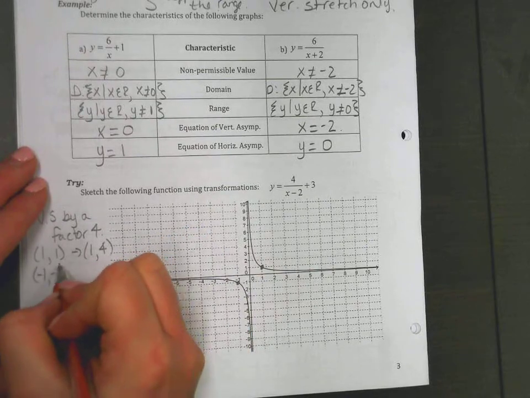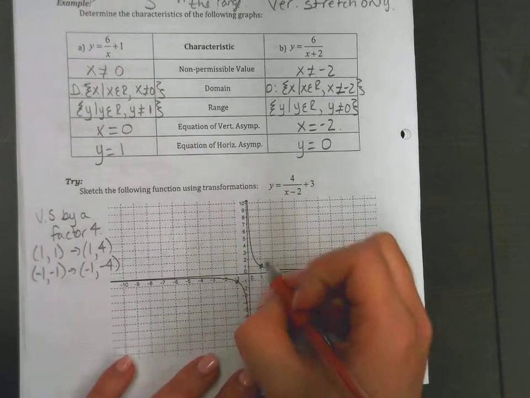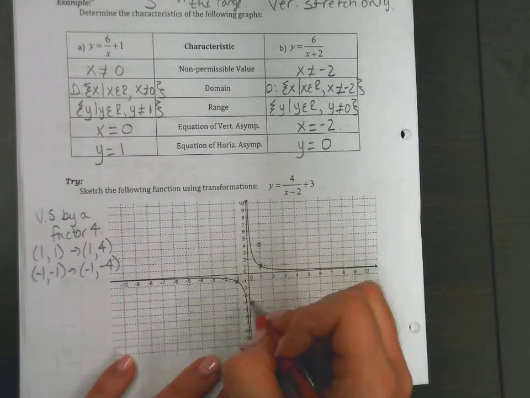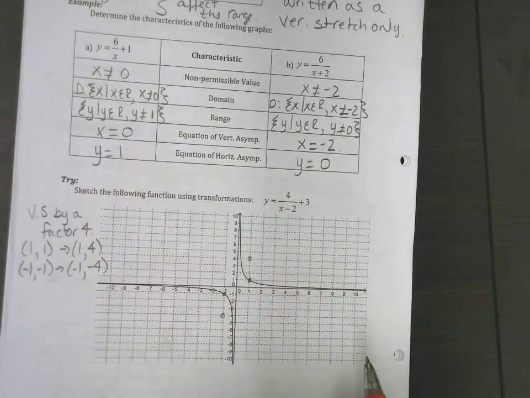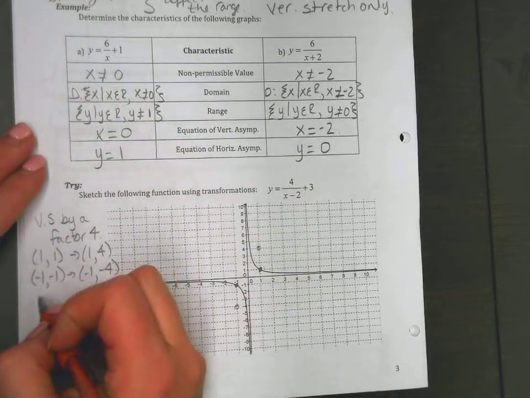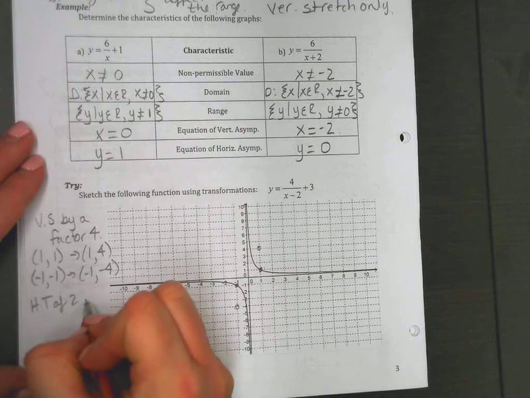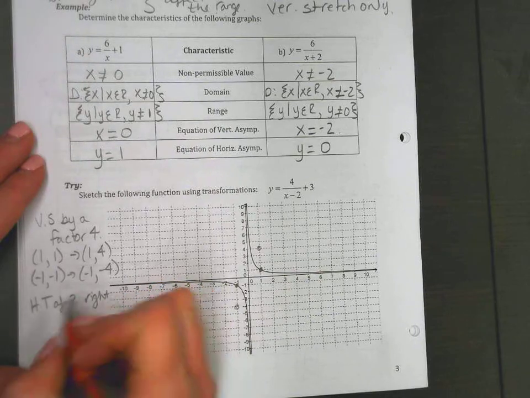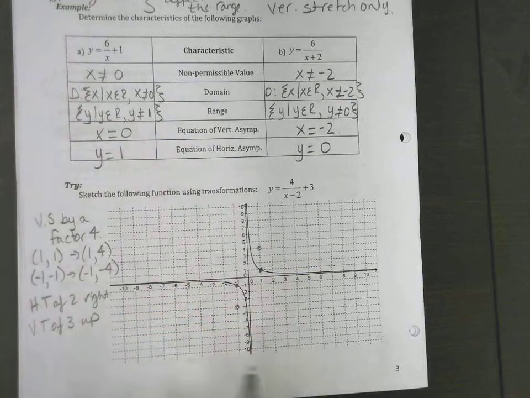Now I'm going to talk about my translations. This is a horizontal translation of 2 right and a vertical translation of 3 up. This will also be represented by my horizontal and vertical asymptotes. So my vertical asymptote is going to occur at x equals 2.